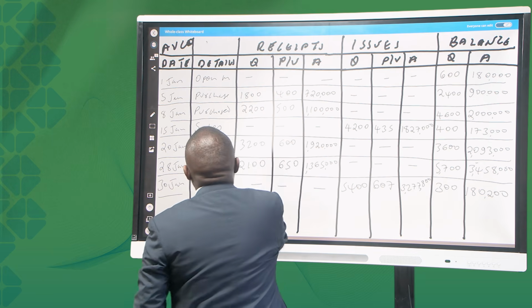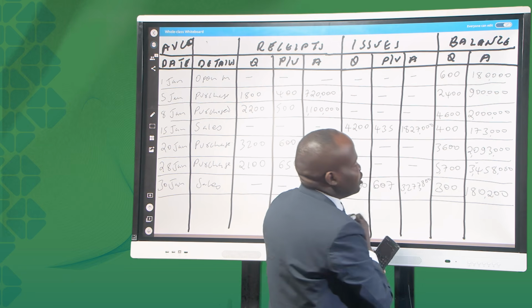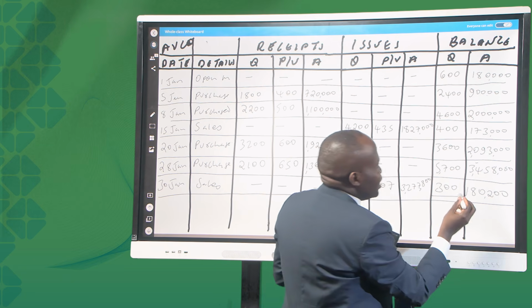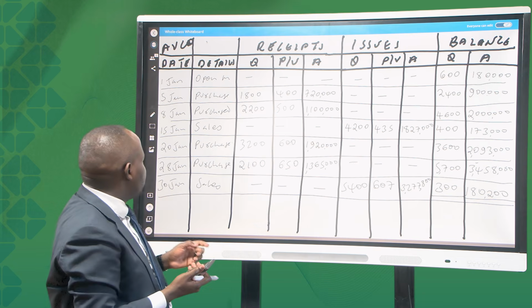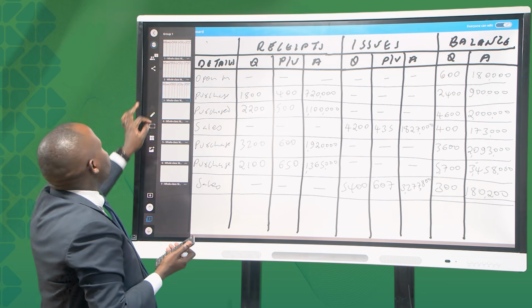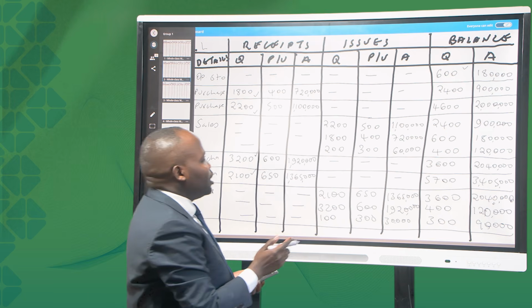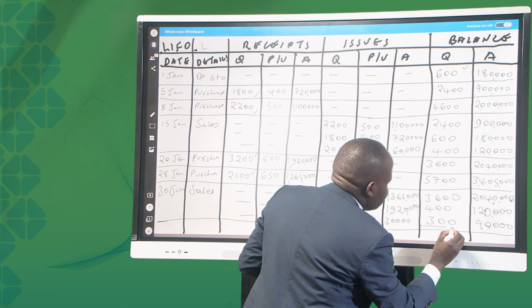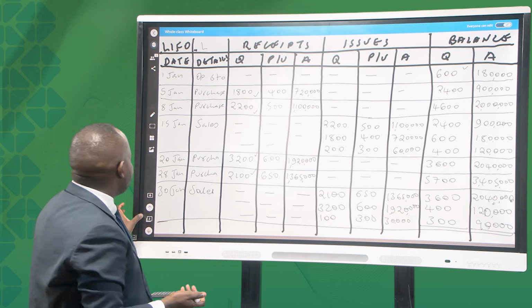The quantity when we use average cost method is 300 units, and the value is 180,200.